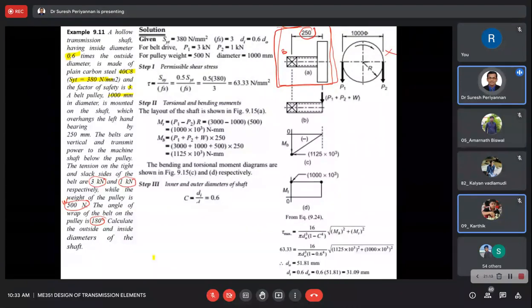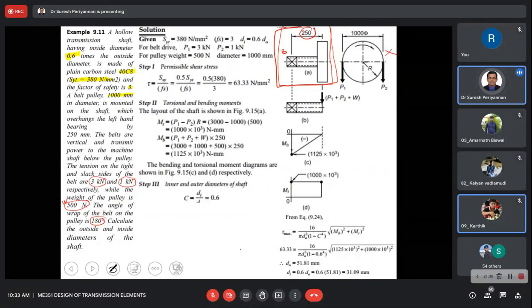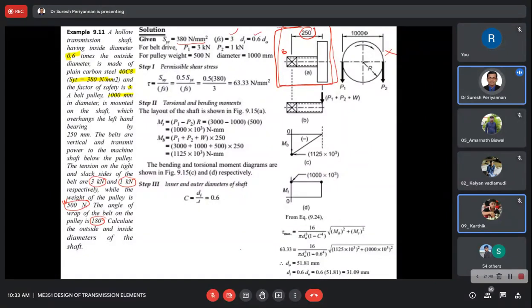Suppose it were 130 degrees, then it would be a combination of horizontal and vertical loads playing a role. But 180 degrees means only vertical load is acting on the pulley. That is what they have indirectly given. Now I come to the problem. SYT is given as 380 Newton per mm squared, FS is given, and C is given.